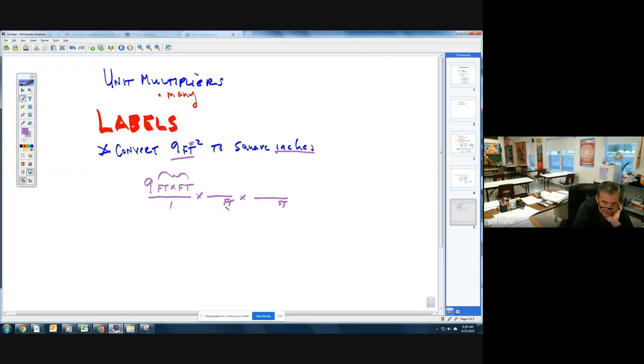And I'm changing it into square inches, so the inches would go here. Then hopefully you know that there are 12 inches in 1 foot. So your answer is 9 times 12 times 12. The label feet have crossed off, and you are left with inches times inches, which is inches squared.